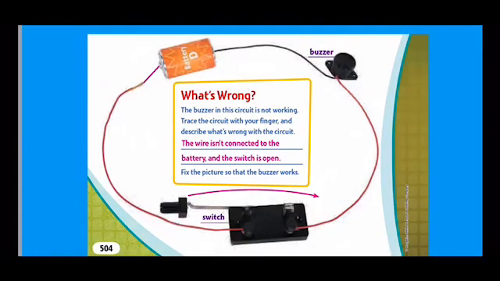You need to close the switch and make it a closed circle. And also you need to make this wire on the right touch or connect with the battery. So the wire isn't connected to the battery and the switch is open. Then if you fix them, your buzzer will turn on.